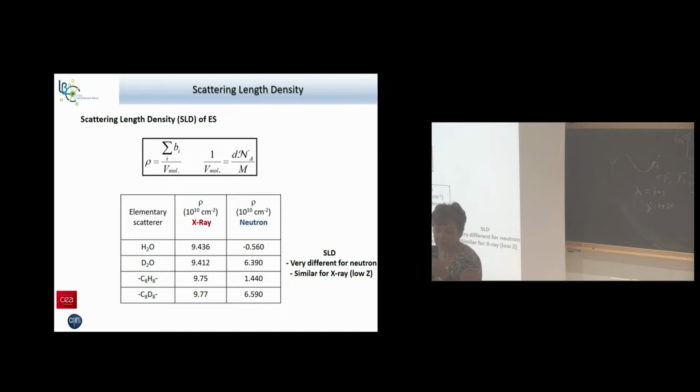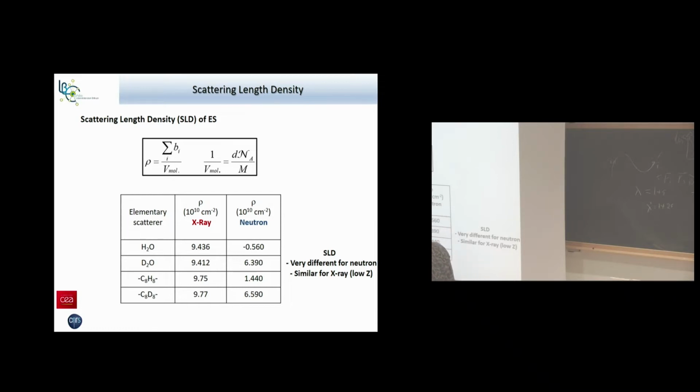For any case, for both, we don't see it.